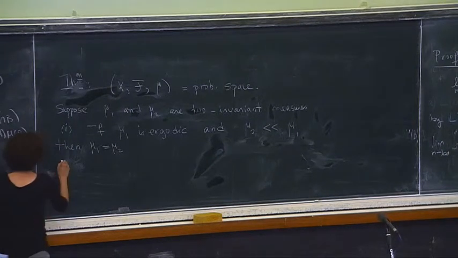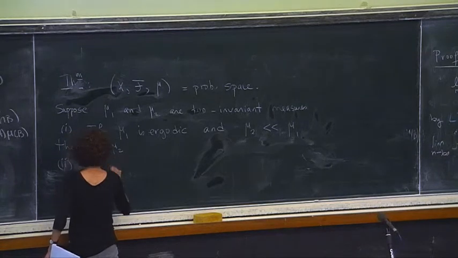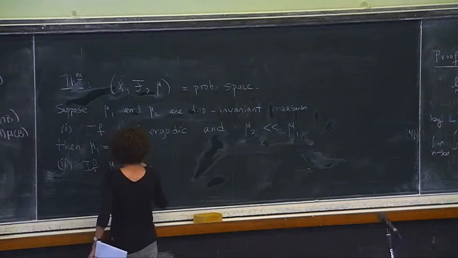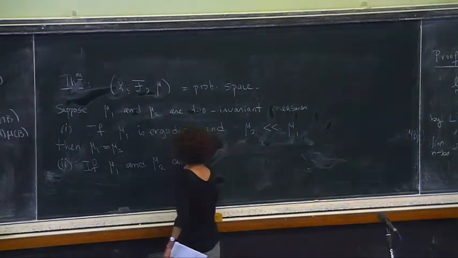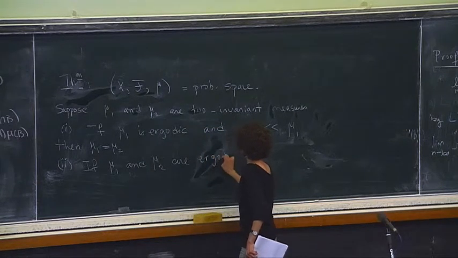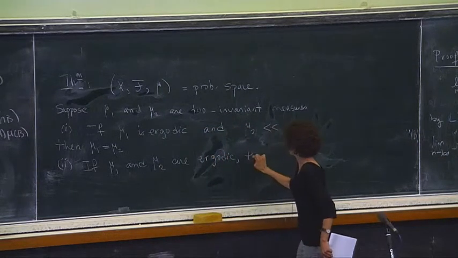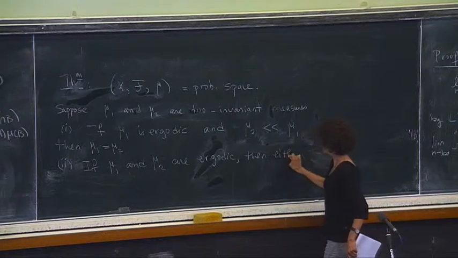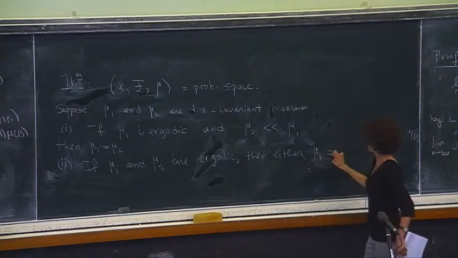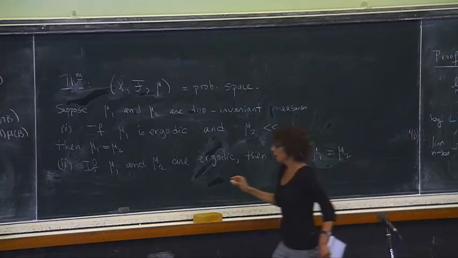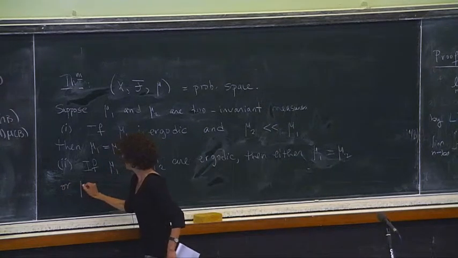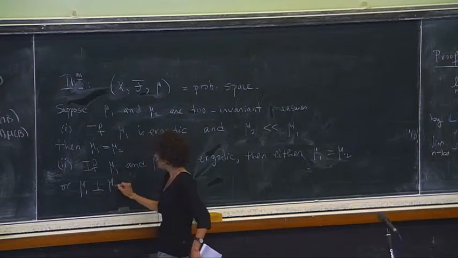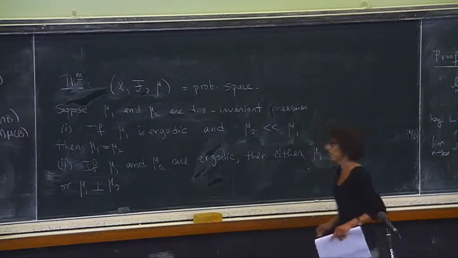And the second one is that if mu1 and mu2 are ergodic, then either mu1 is mu2, or they are mutually singular, which means they have disjoint support.